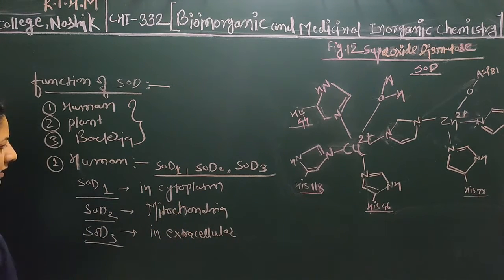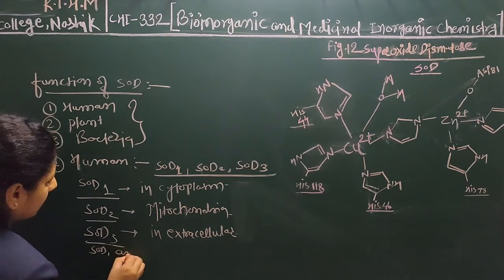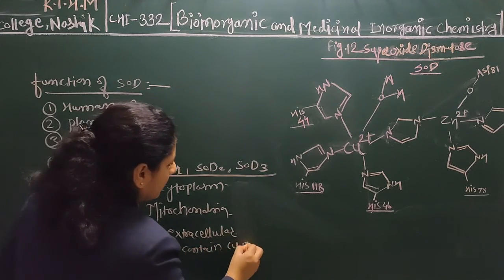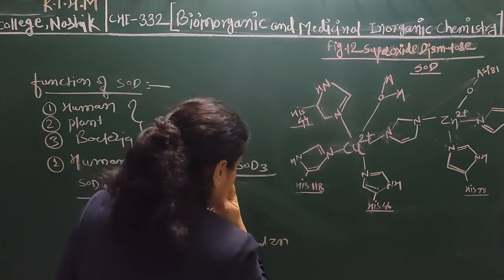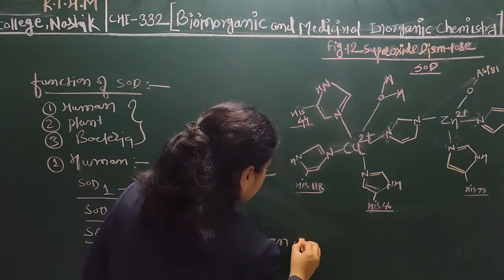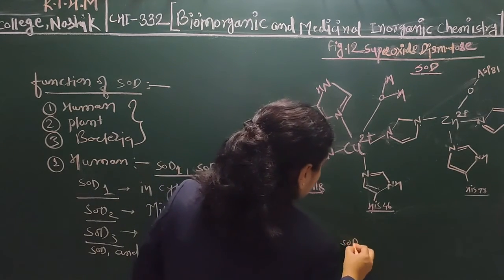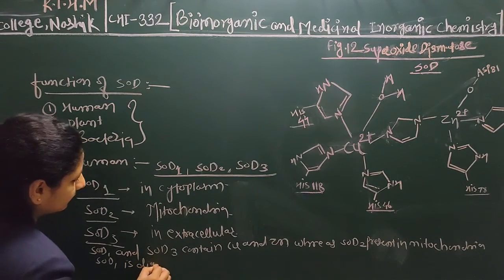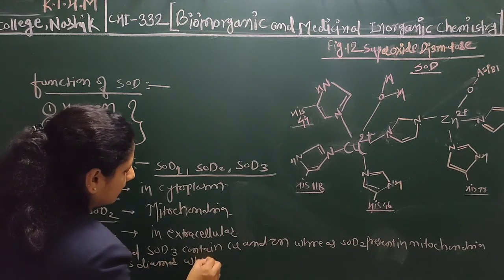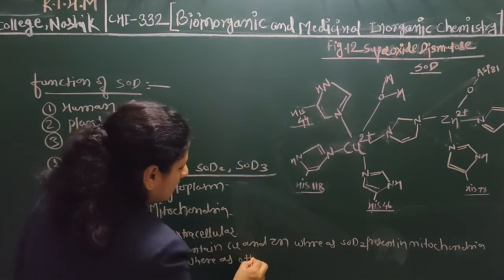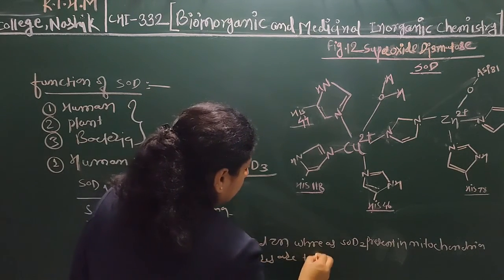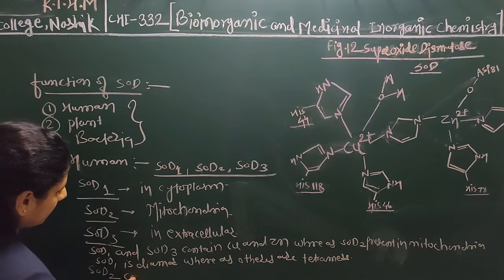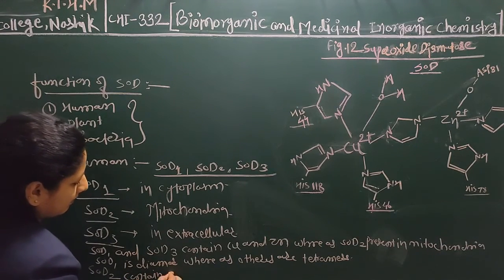Actually, SOD1 and SOD3 contain copper and zinc, whereas SOD2 is a dimer, whereas others are tetramers. SOD2 contains manganese.